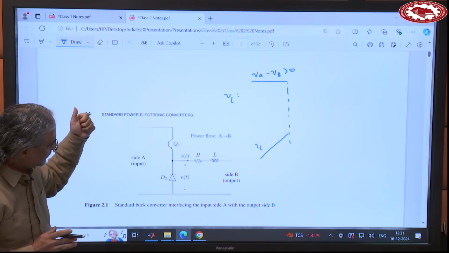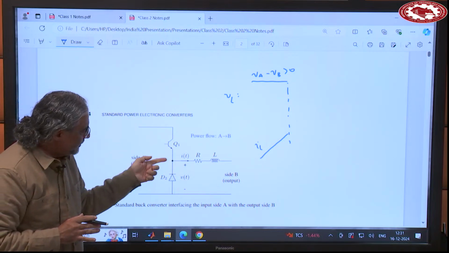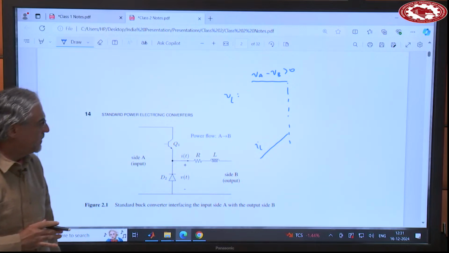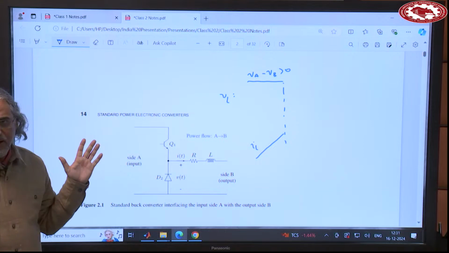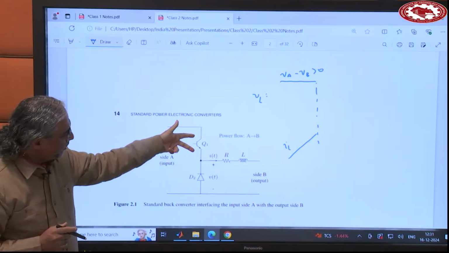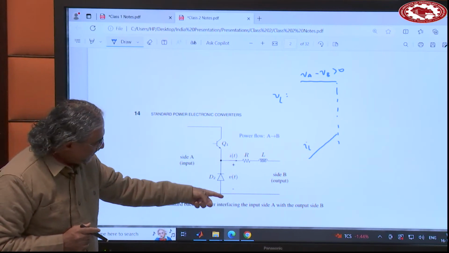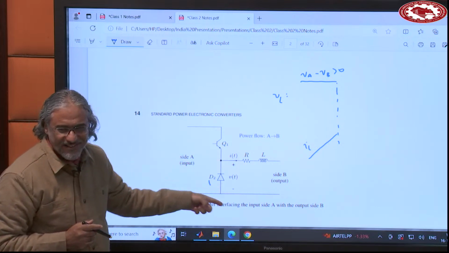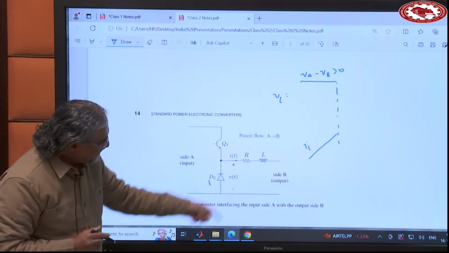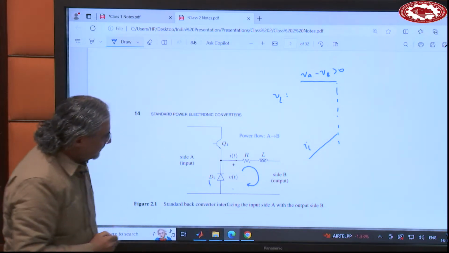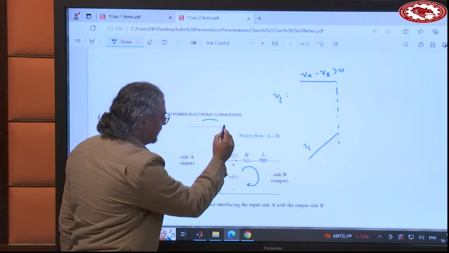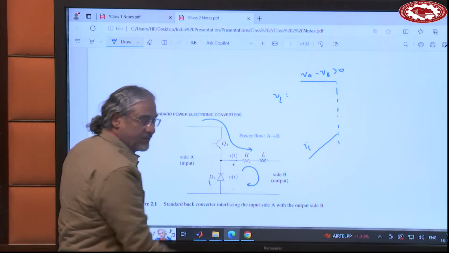When you turn off the switch, the current flowing into the inductor has to be continuous, and it has to find a path, right? So you block this path, it will continue through this diode, right? So now you will have this loop here closed. Before you had this one, now you have this one.